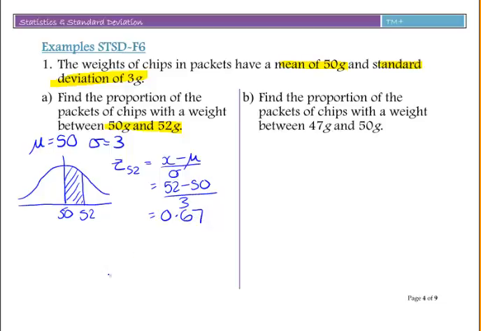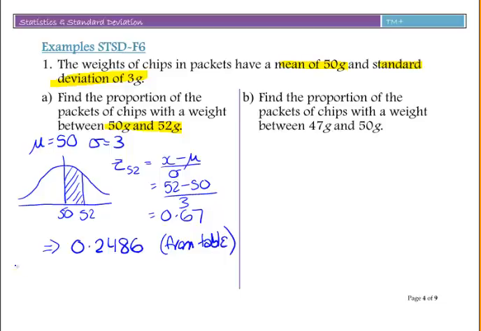I then go to my normal distribution table and look up what a Z score of 0.67 refers to. If you have missed the last video, go back and watch that because I go over reading the table. But you get the proportion is 0.2486. So that's from the table.